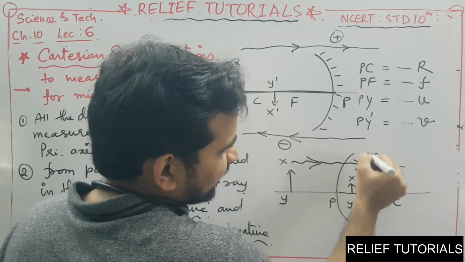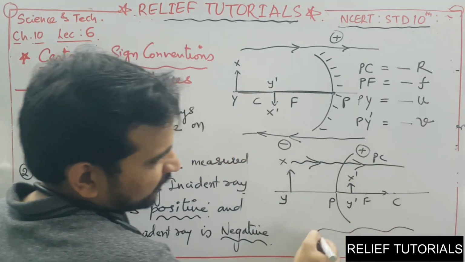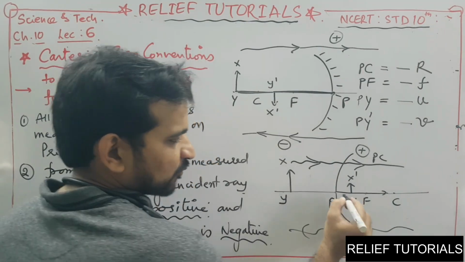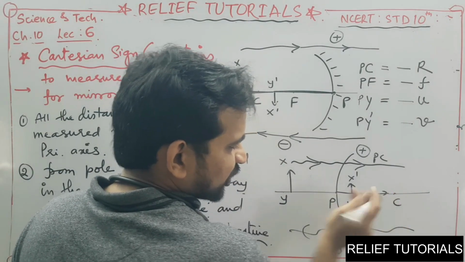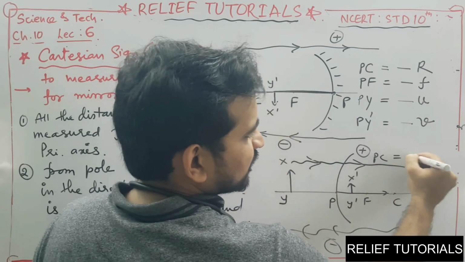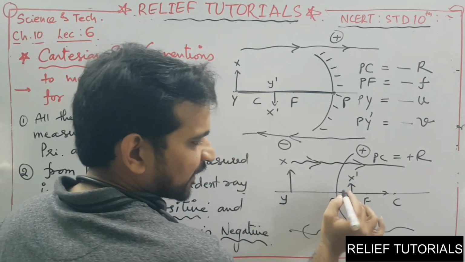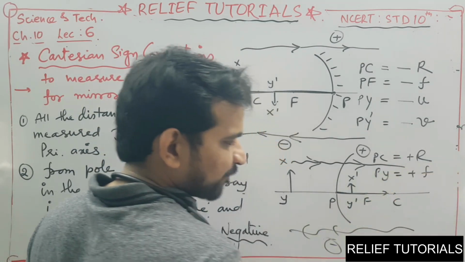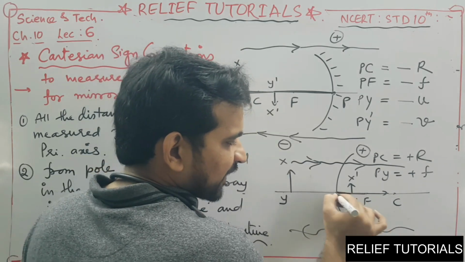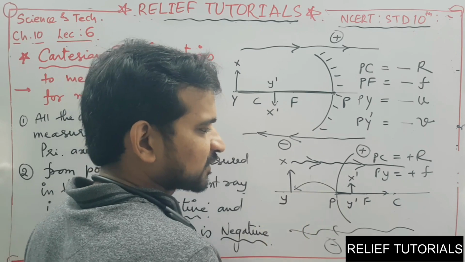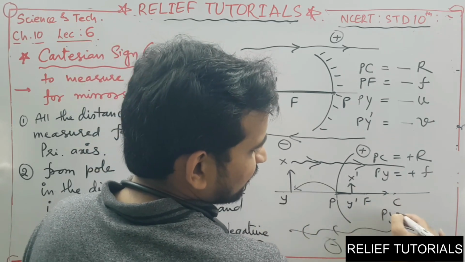So these directions are taken as positive, and these directions are taken as negative. So P to C means radius of curvature. You are going like this, and like this means it is positive. So PC is positive R. Can you see PF is also positive focal length? PY dash, the image distance, also positive, and PY object distance is negative.